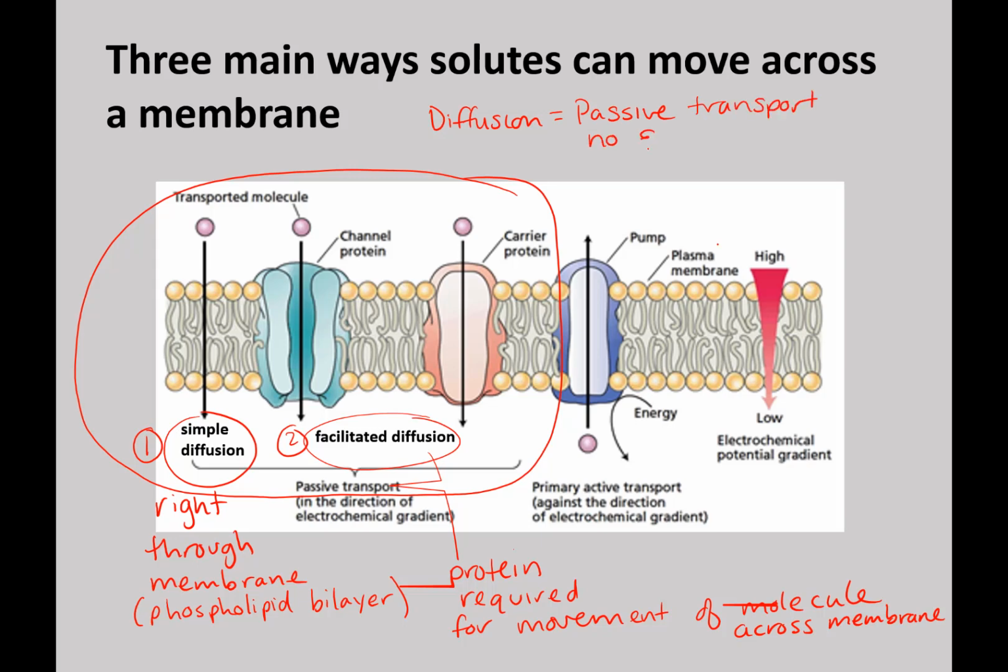No energy required. And the molecules are moving down their concentration gradient. So it says down here, passive transport in the direction of the electrochemical gradient.